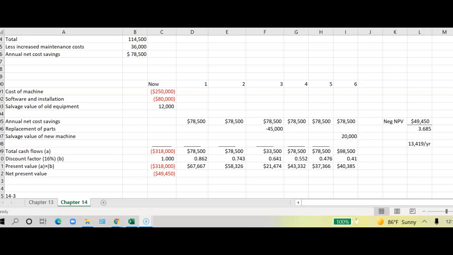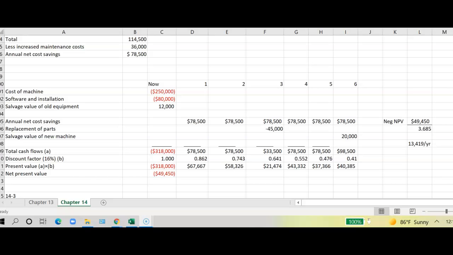Well, as we noted in our net present value calculation, there was a negative $49,450. And what the question is asking is how much should the intangible benefits be each year for the next 6 years that it would make this investment desirable?